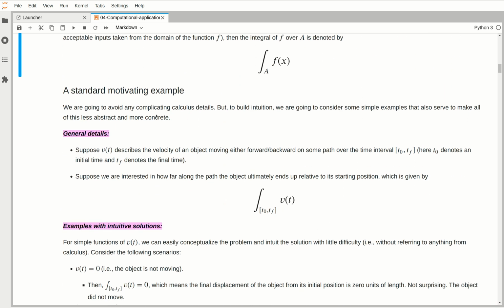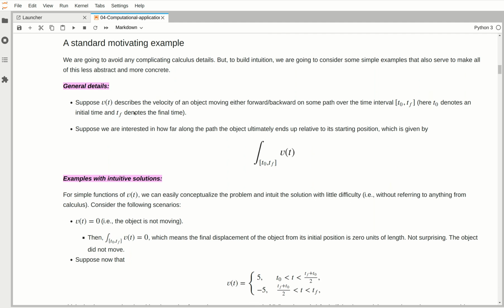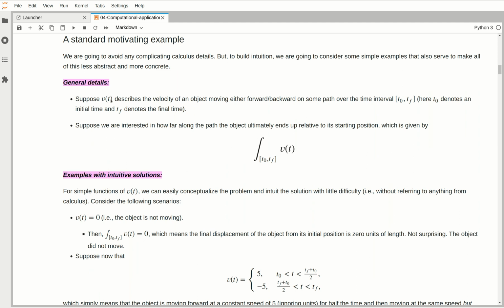A standard motivating example so that we can understand what an integral means is involving the integral of velocity to get displacement. And you'll see that this makes sense because of units. So we are going to avoid any complicating calculus details, but we're going to build intuition. So in this case, the general details for this motivating example are: suppose that v of t describes the velocity of an object moving either forward or backward on some path over the time interval t naught, t sub 0 is also called t naught, and t sub f, which is the final time.